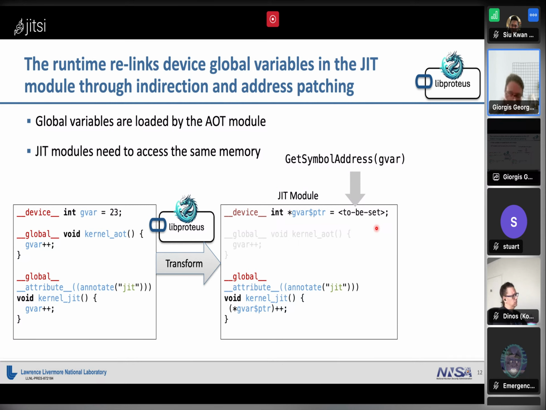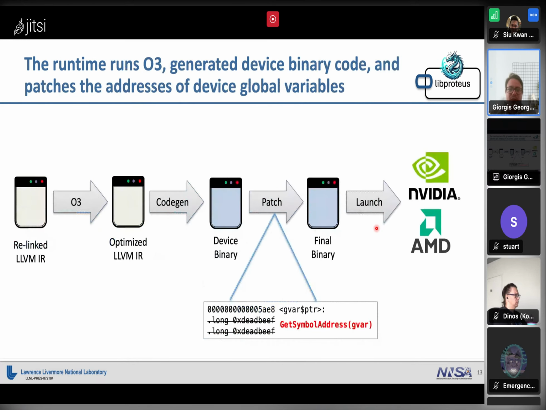So, moving past this complication, we are at the last step of libproteus JIT compilation optimization, and we have our relinked LLVM IR. We pass it through an aggressive optimization pipeline, so all the specializations that we applied before, we expect that they're going to help create better and faster code.